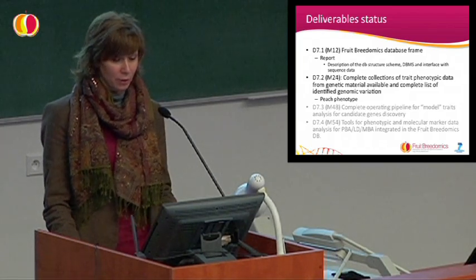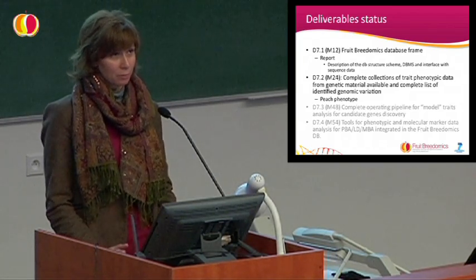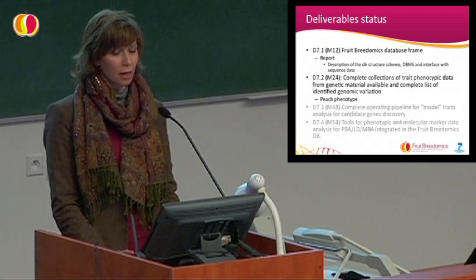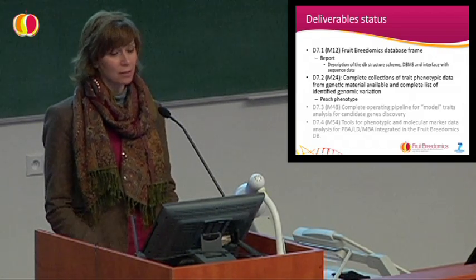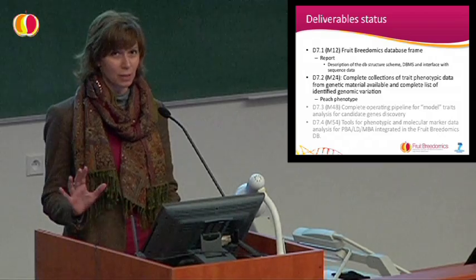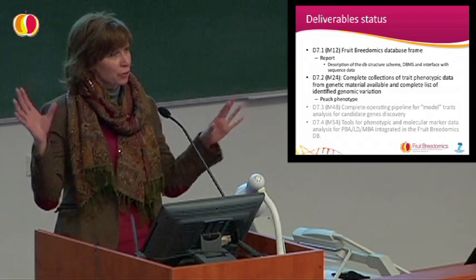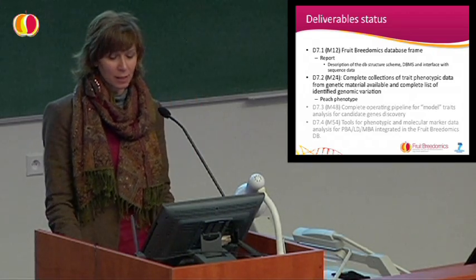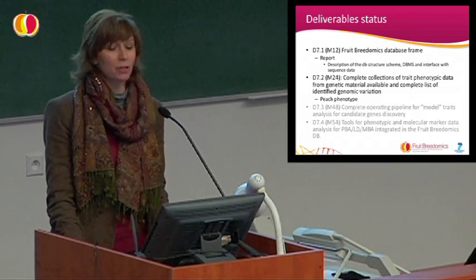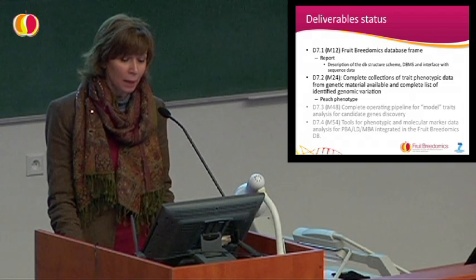Deliverable: we're putting together a report to explain how we did this and how we're designing the structure, with a large figure with details explaining all the interactions between the different tables.